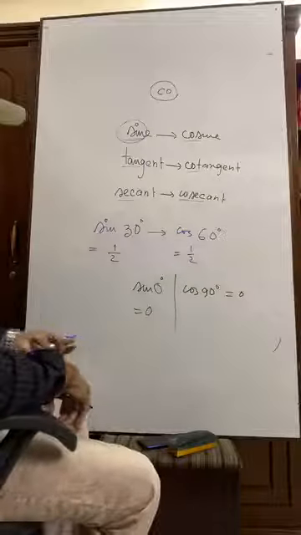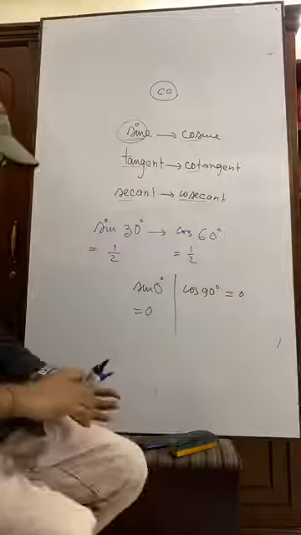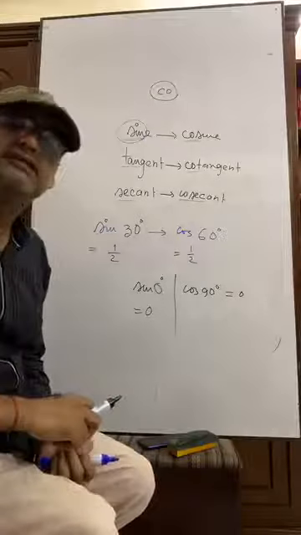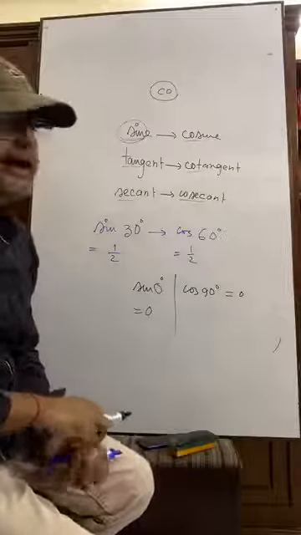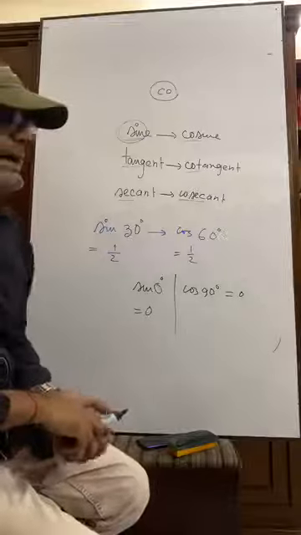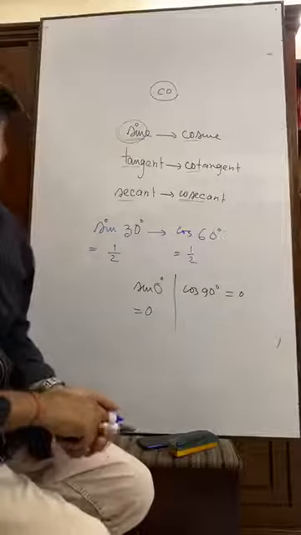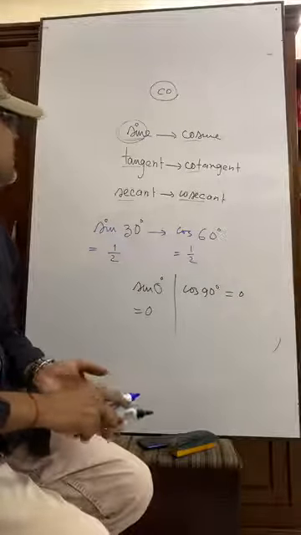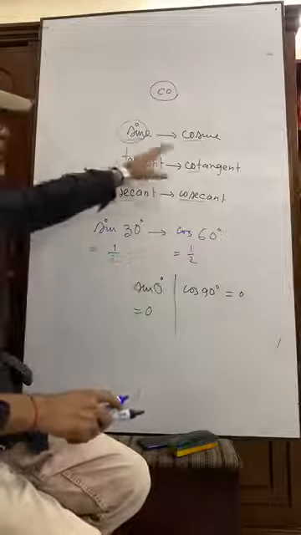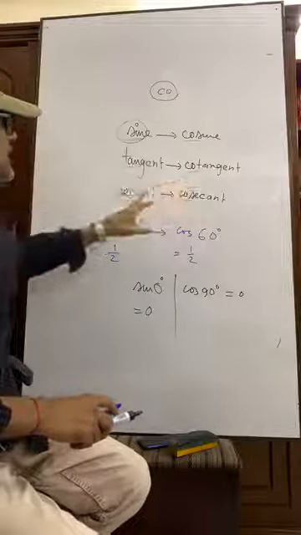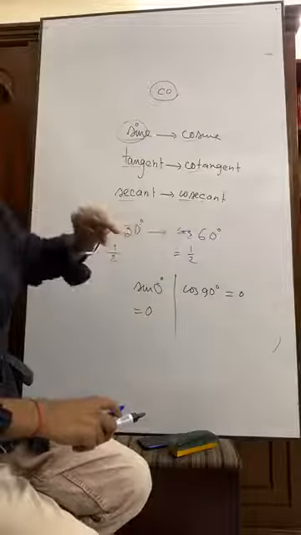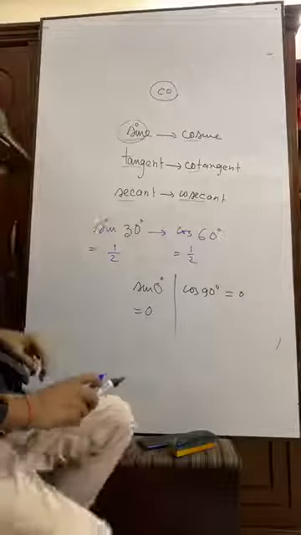So in this way, when we do maths from exercise 8.3, especially to determine angles between 0 degrees to 360 degrees, we must have some applications like this: sine, cos, tan, cot, sec, cosec. Do you understand?